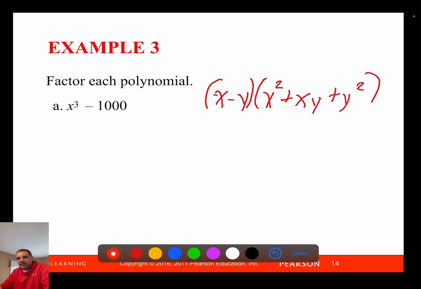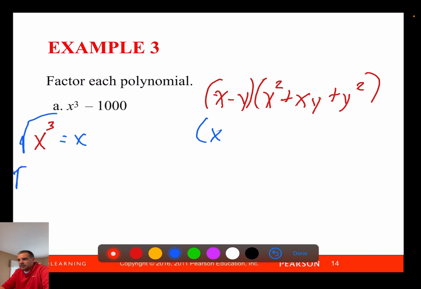Well, how do we find the x and the y values? In this case, we know that we've got x cubed. In order to find this, we need to find the cubed root of it. The cubed root of x cubed is just x. So here, I'm going to have an x.